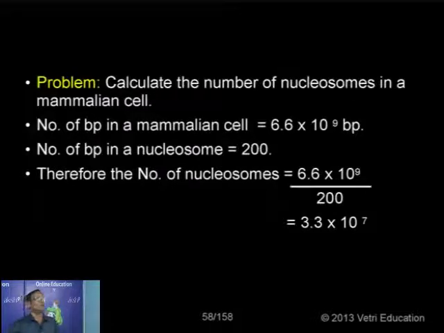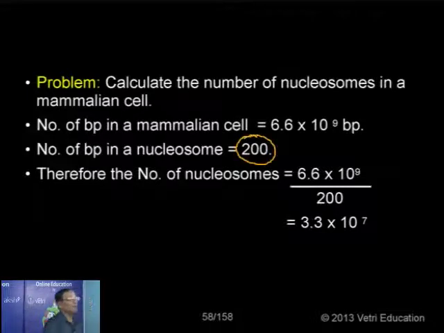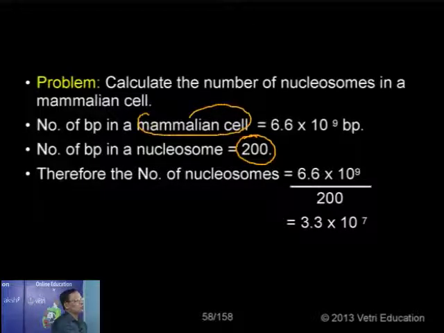So here is the problem: calculate the number of nucleosomes in a mammalian cell. I mentioned earlier that the number of base pairs in a nucleosome is about 200. We already know the number of base pairs in a mammalian cell, including human beings, is about 6.6 x 10^9 base pairs. This is the total number of base pairs.